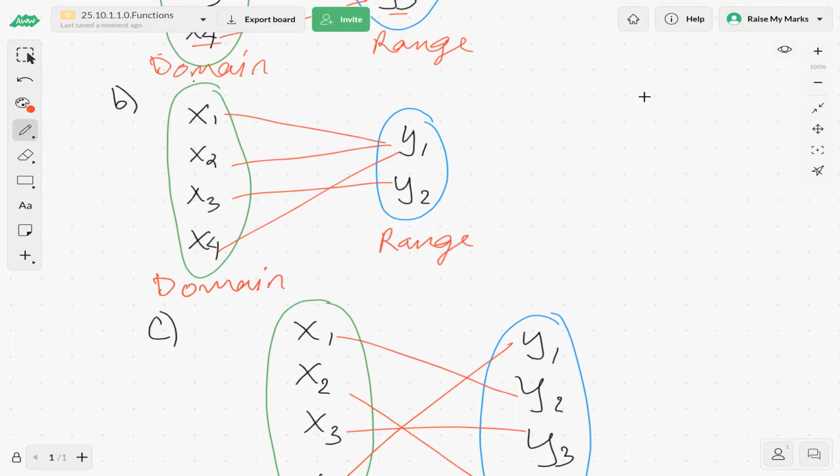Let's see what's happening to each of the values in the domain. x1 maps to a single value, y1. x2 maps to a single value, y1. x3 also maps to a single value, but y2. x4 maps to a single value, y1. Every value in the domain maps to a single value in the range, so yes, this is a function.